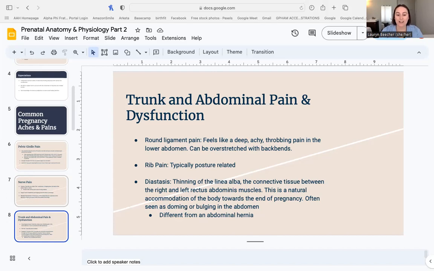If you've been pregnant or know people that have been pregnant, you might notice that a shirt that you wore all the time just doesn't fit quite as well in the rib cage anymore. It feels a little bit more on the tight side, even if other areas of your body feel quite similar to the way that they did pre-pregnancy.